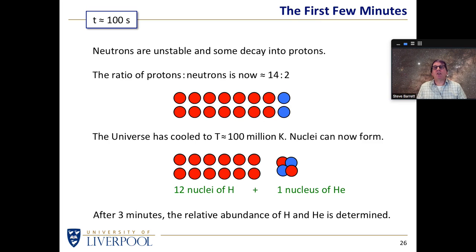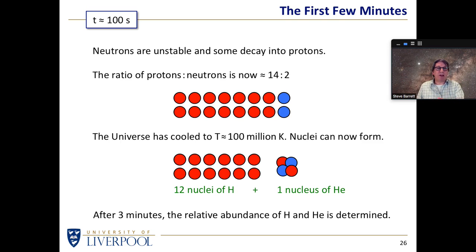The universe is too cold to start changing protons into neutrons and neutrons into protons. So we can predict that if we've got the physics right, then the universe should be full of that amount of hydrogen and that amount of helium.